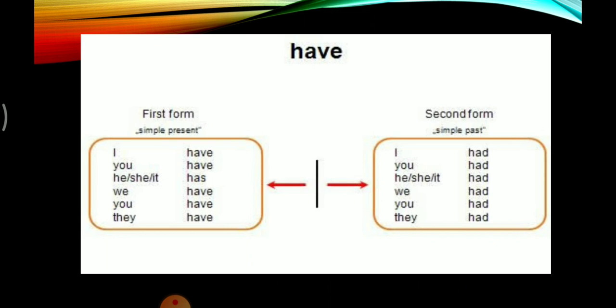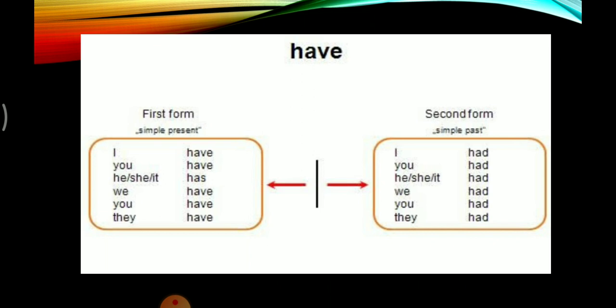Now see this. Have, first form simple present and second form simple past. I have, you have. She, he or it will be has, because all these are third person, right? We have, you have, and they also have. Now the past form, all same, very easy.